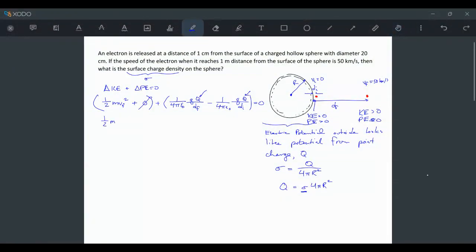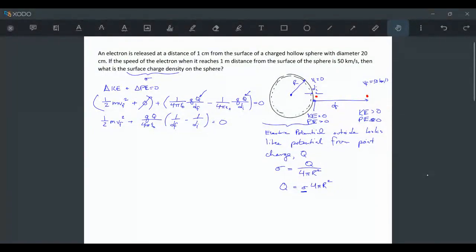We have half m v_f squared plus, common to all of these is Q over 4 pi epsilon naught, times 1 over d_f minus 1 over d_i. That's equal to 0. So now we need to get Q all on its own. So what we'll do is multiply everything by 4 pi epsilon naught, divide everything by Q.